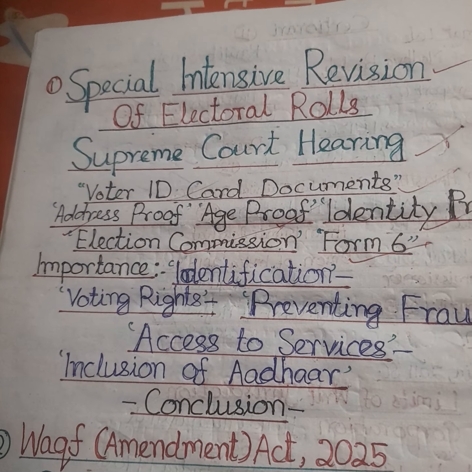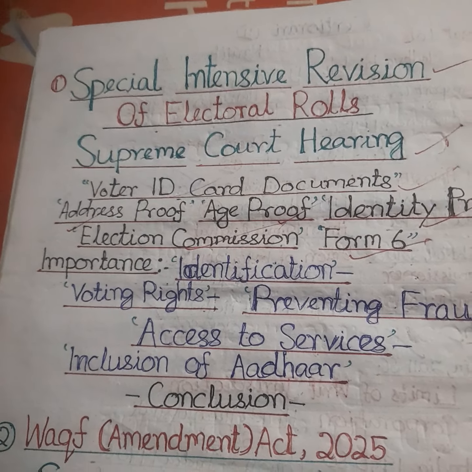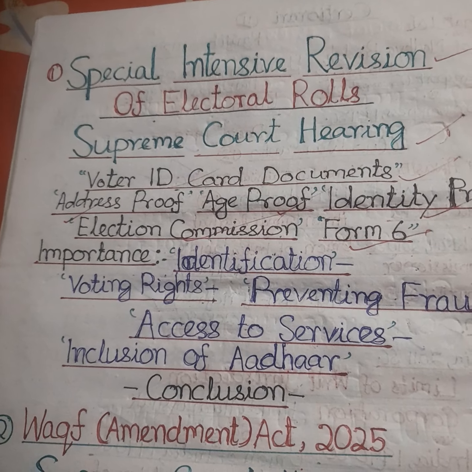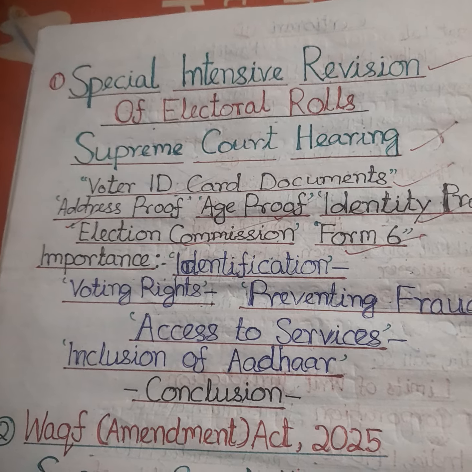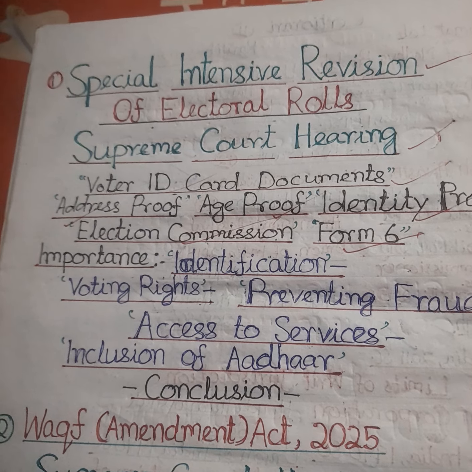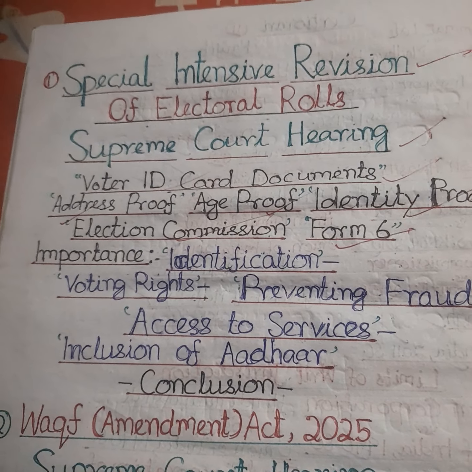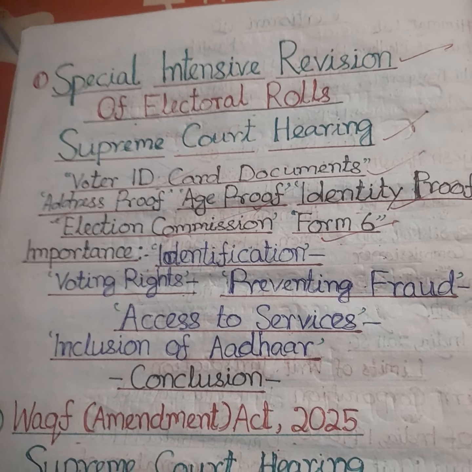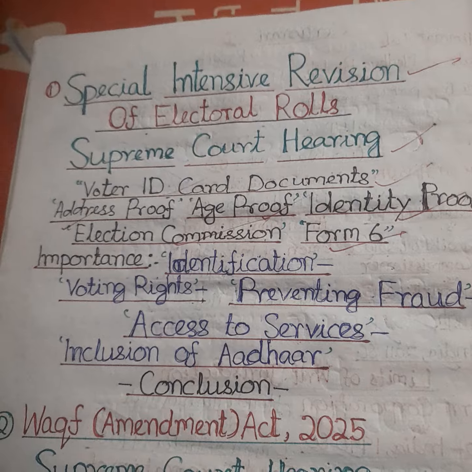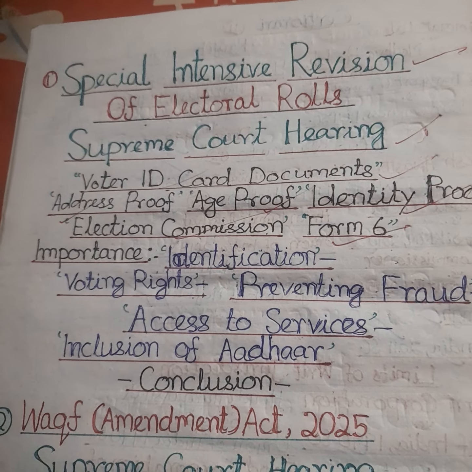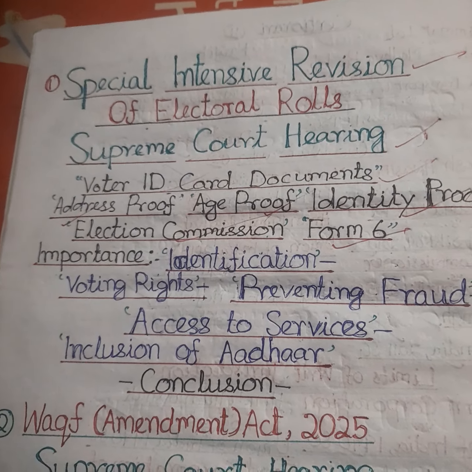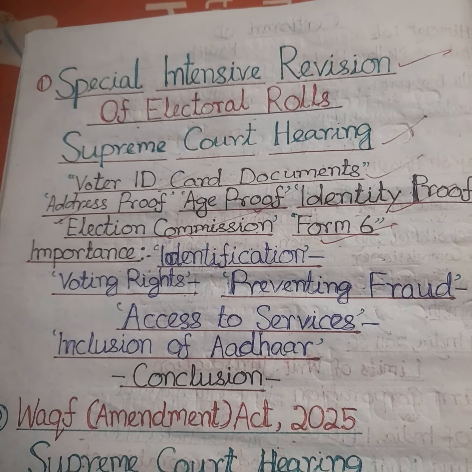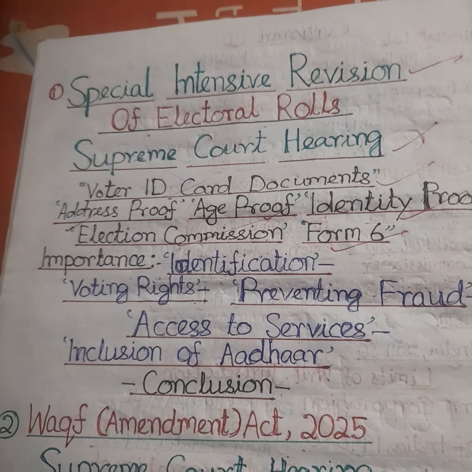Visit the nearest voter ID facilitation center with the required supporting documents including proof of address and identity to complete the verification process. Alternatively, you can directly visit a voter ID facilitation center, obtain Form 6, and apply for a voter registration card by submitting the necessary documents.